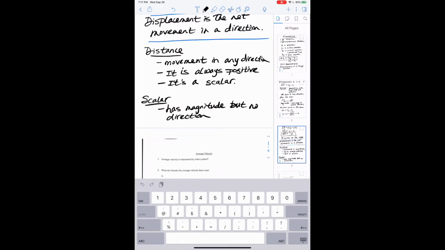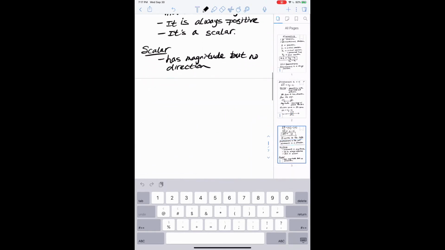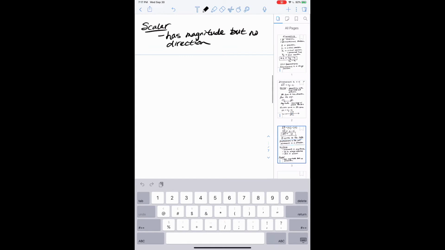So let me go ahead and add another page here. All right, so has magnitude but no direction. So temperature is an example of a scalar. Now you might say, well, how is that, right?